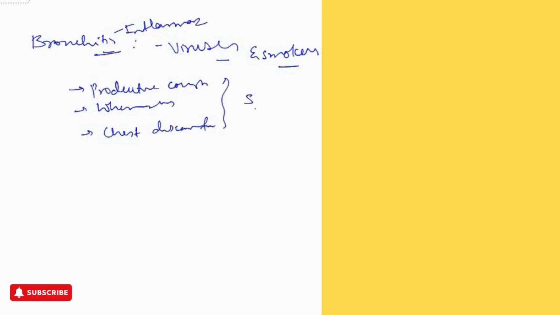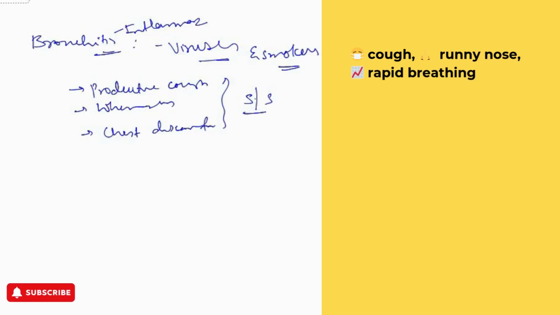These are some signs and symptoms which we can observe in bronchitis. Bronchitis is the inflammation of bronchi, usually caused by viruses, and this is more common in smokers. Productive cough, wheezing and chest discomfort are the signs and symptoms of bronchitis.